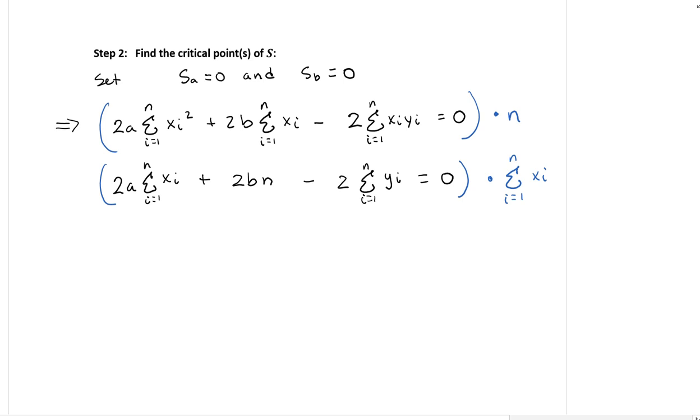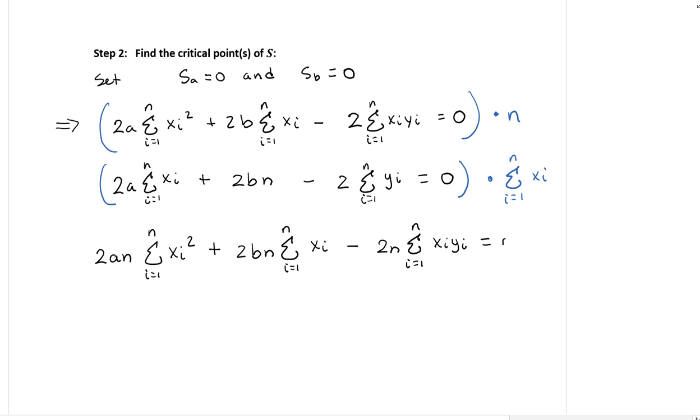In this first equation, we're going to have 2an summation from 1 to n x sub i squared plus 2bn summation from 1 to n x sub i minus 2n summation from 1 to n of the product x_i y_i still equals 0. And for the second one, we are going to get 2a.